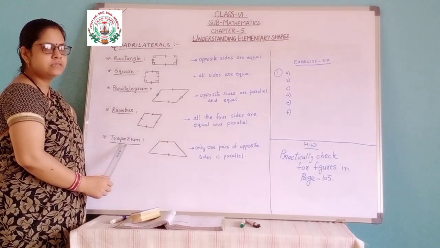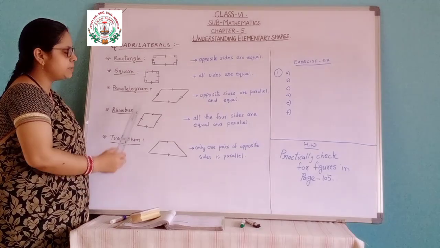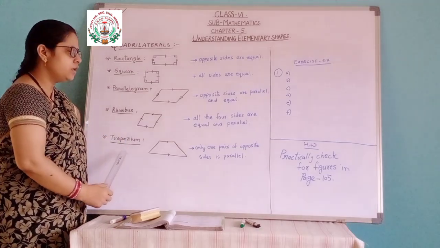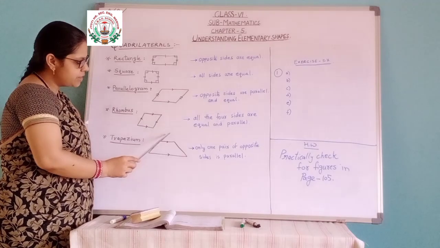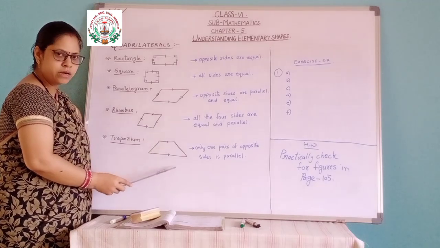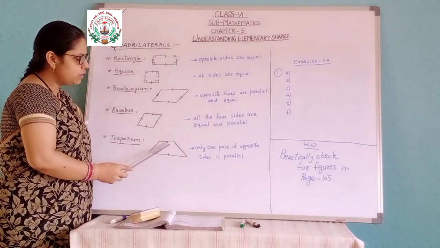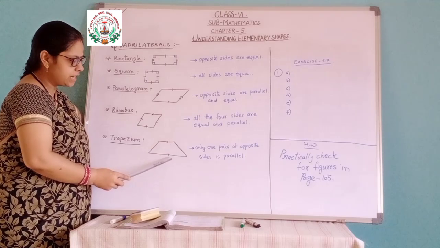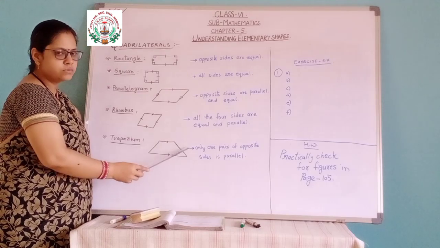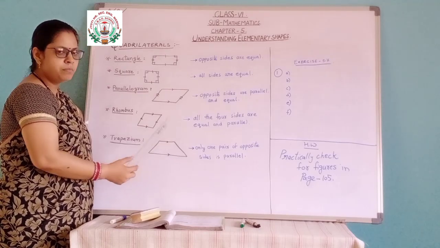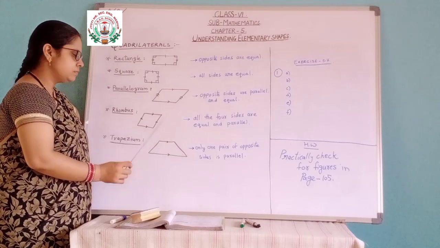Next, trapezium. Trapezium is one special kind of quadrilateral in which only one pair of opposite sides is parallel. Only one pair. You can see with the arrow marking I have shown here. Only one pair of opposite sides is parallel. It is not the condition for the other two sides. Other two sides may or may not be.